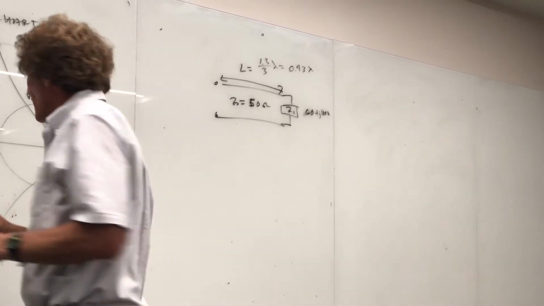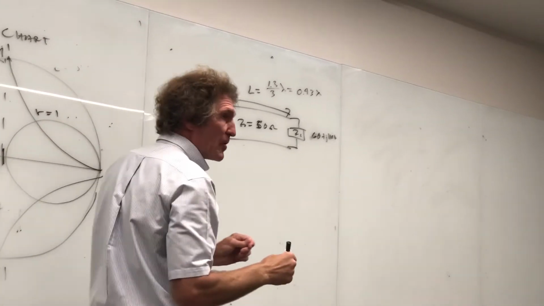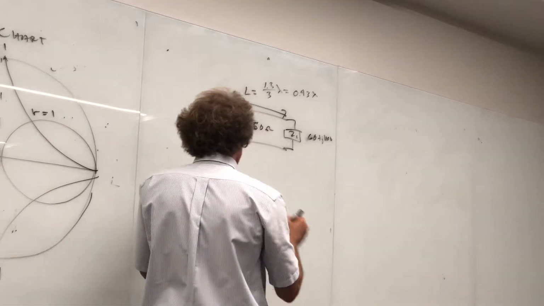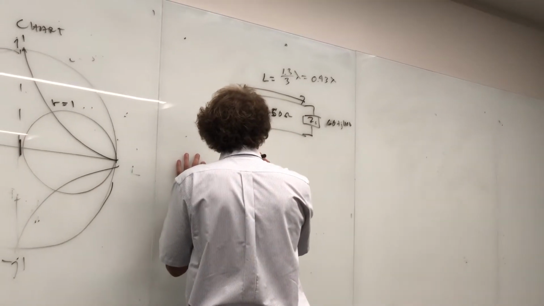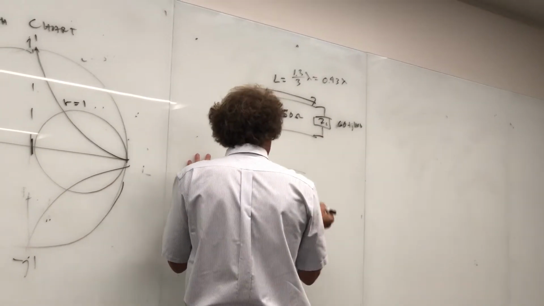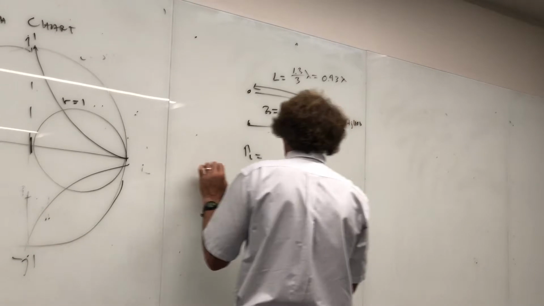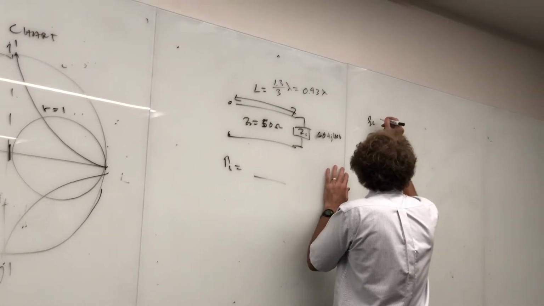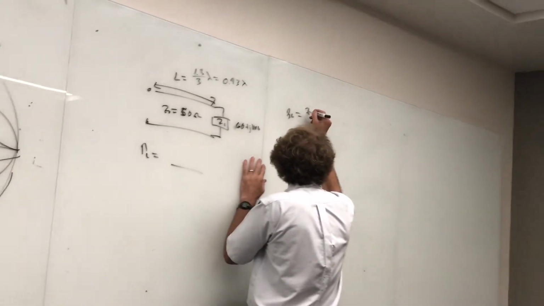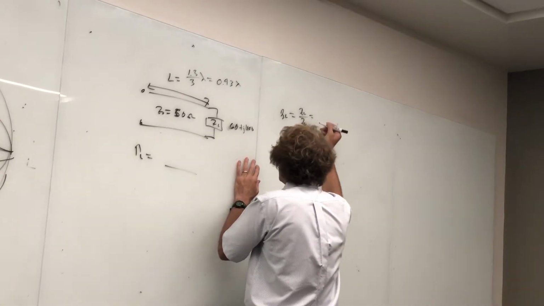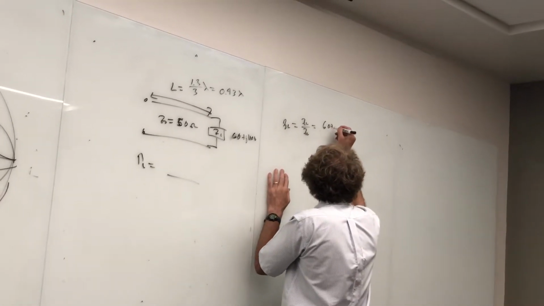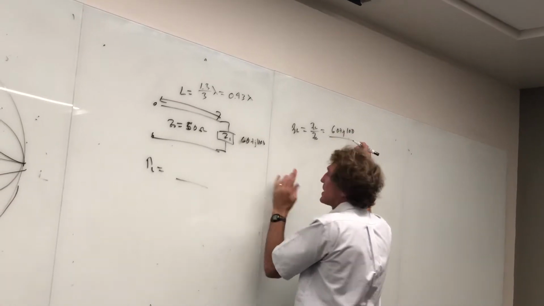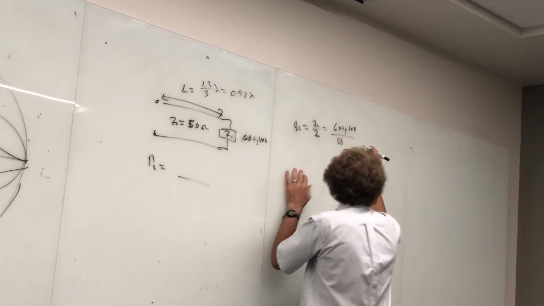So what we're going to do first of all is calculate the reflection coefficient using the Smith chart. To get the reflection coefficient, first I have to normalize the input impedance, so I take the ZL and divide it by Z0. ZL is 60 plus J100 divided by Z0, which is 50, right?